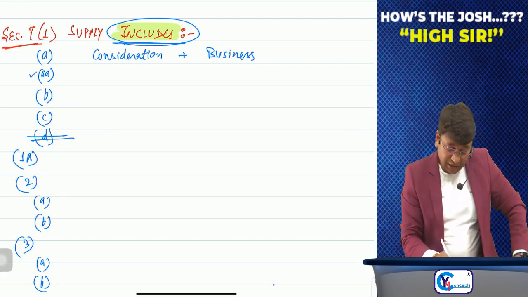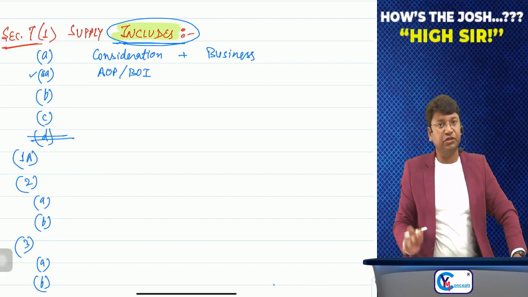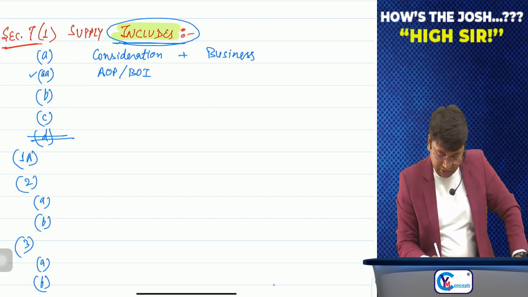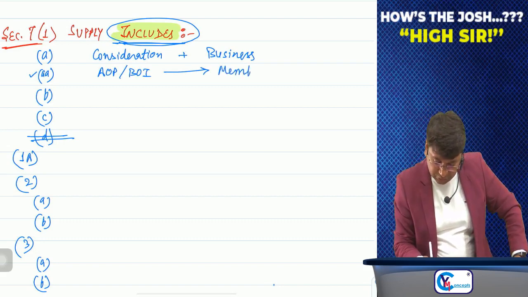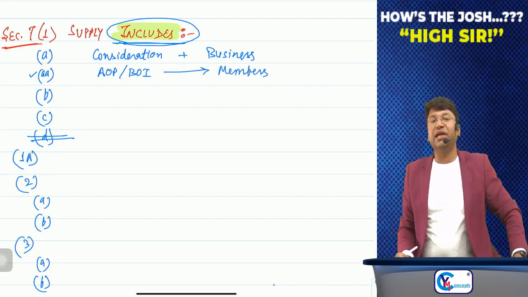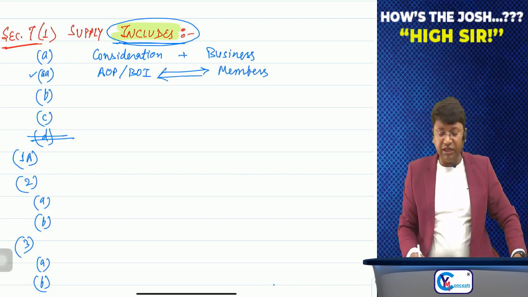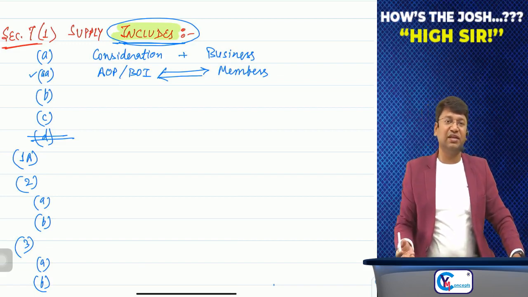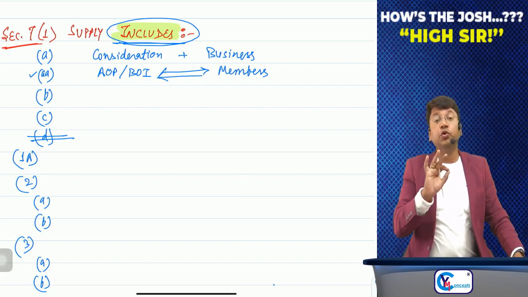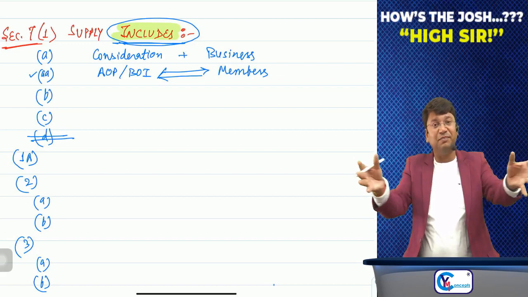Clause AA says, if any unincorporated AOP or BOI, association of persons or body of individuals, is supplying any goods or services or both to the members of the AOP or BOI, or any of the members is supplying the goods or services or both to the AOP or BOI, sir, if it is for a consideration, then it is supply. You can't treat both as a single person. They are two separate persons.